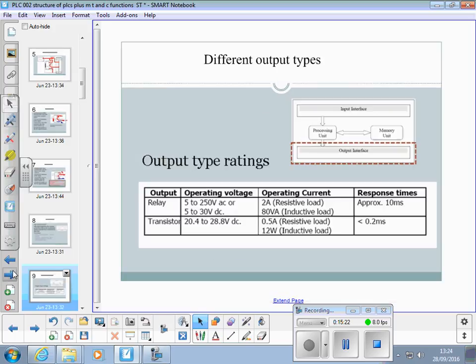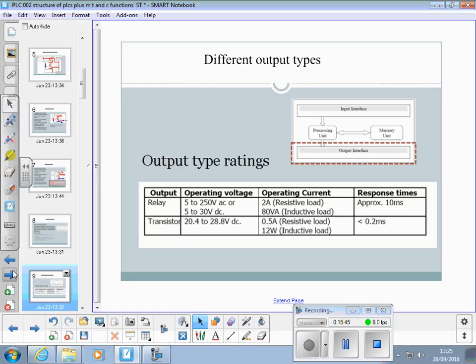Relays: 5 to 250 volts AC. This is typical. This is pulled from Mitsubishi stuff, so not all manufacturers will be the same. Or 5 to 30 volts DC, 2 amp resistive load, 80 VA inductive. Response time approximately 10 milliseconds, so 0.01 of a second.